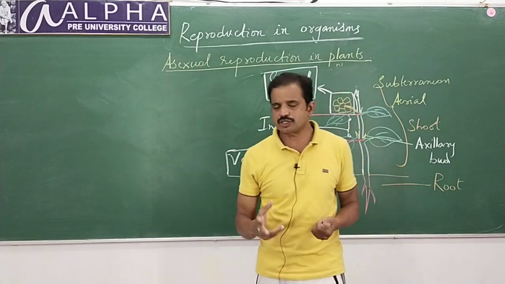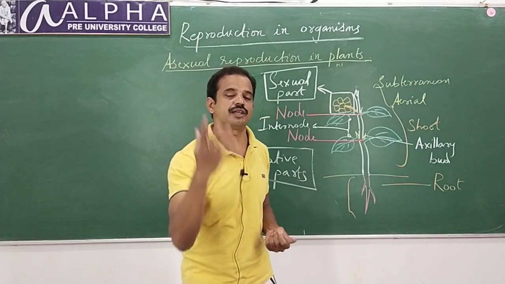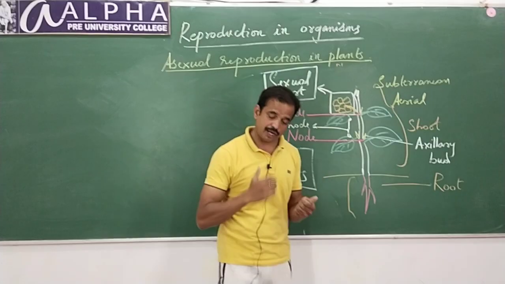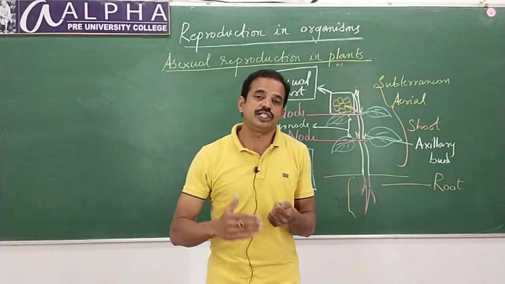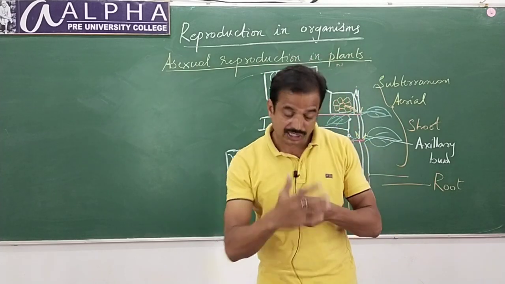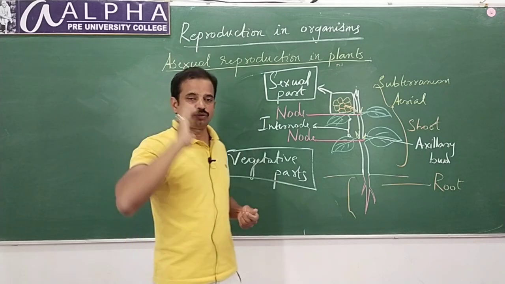So during asexual reproduction in plants, these vegetative parts help in reproduction. These vegetative parts help in continuation of generation, that is reproduction, or propagation. We use the word propagation in particular.